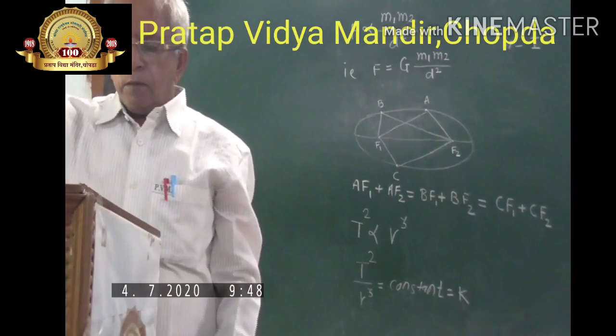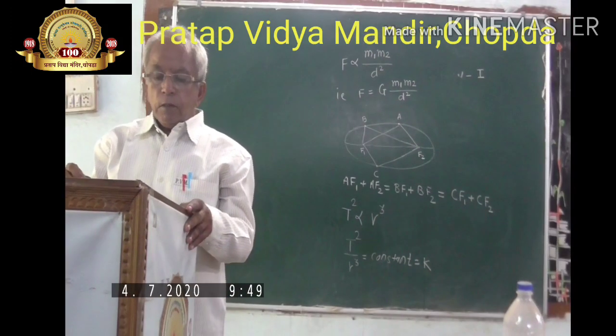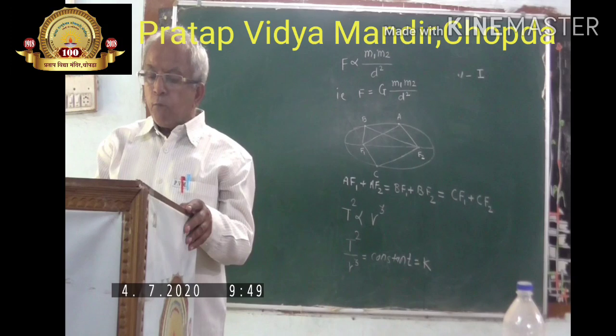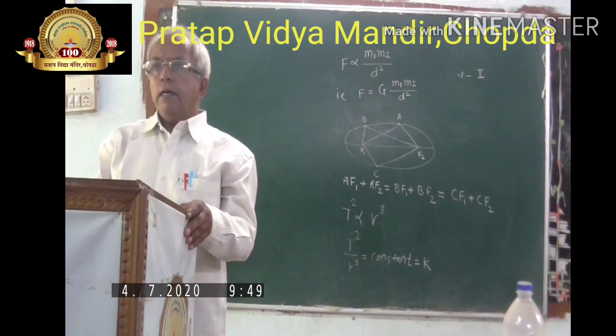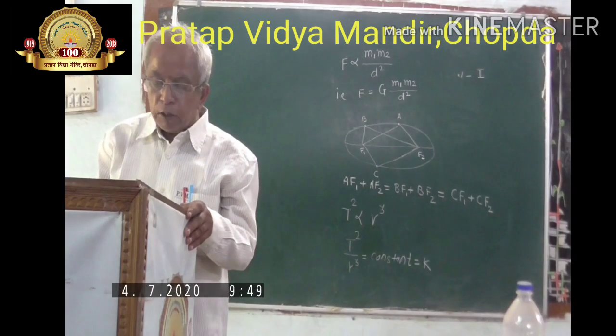Now, here G is the constant of proportionality and it is called the universal gravitational constant.